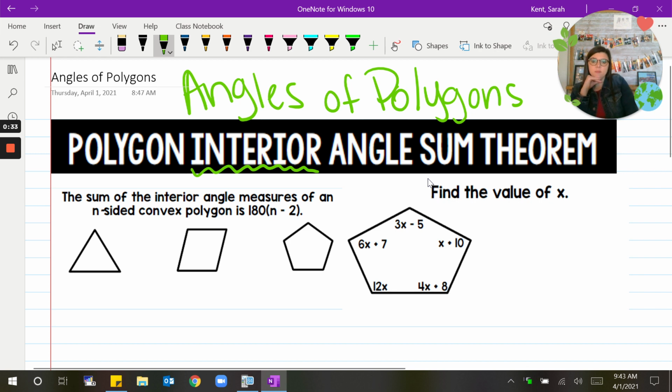So if we look here first on this side, our polygon interior angle sum theorem, it's a long thing.